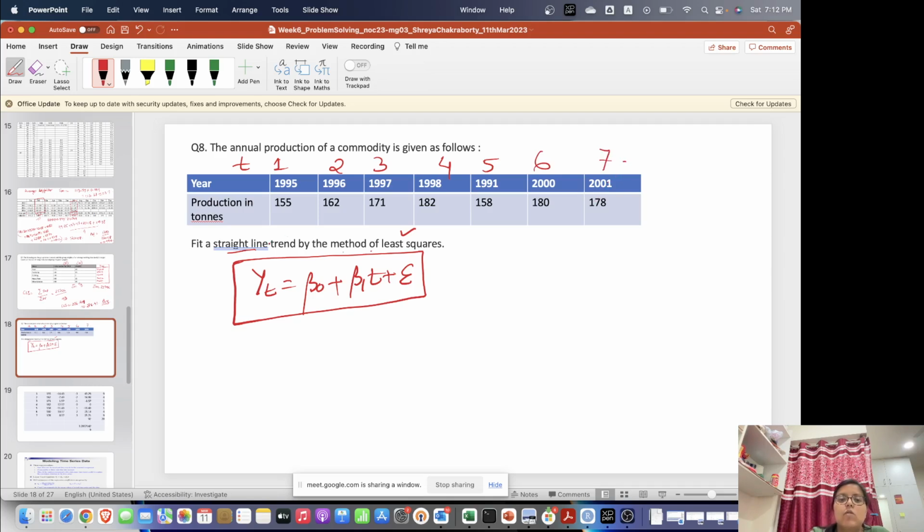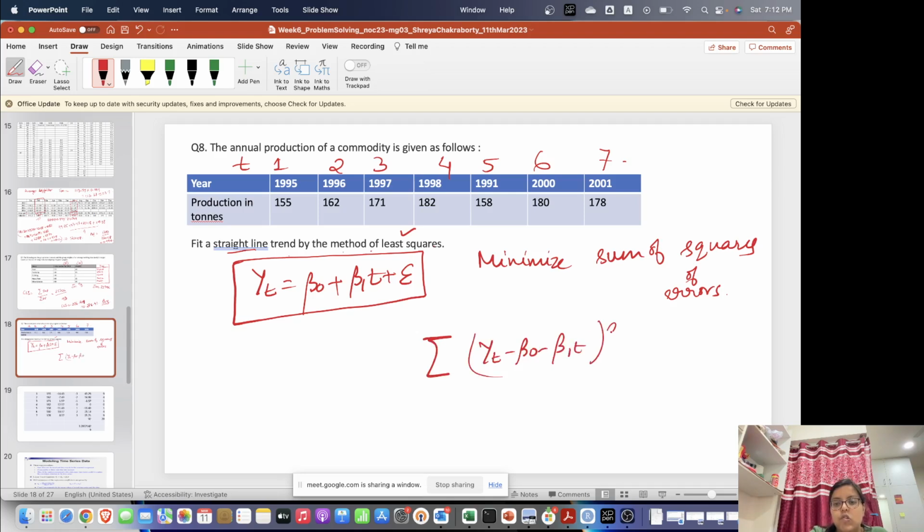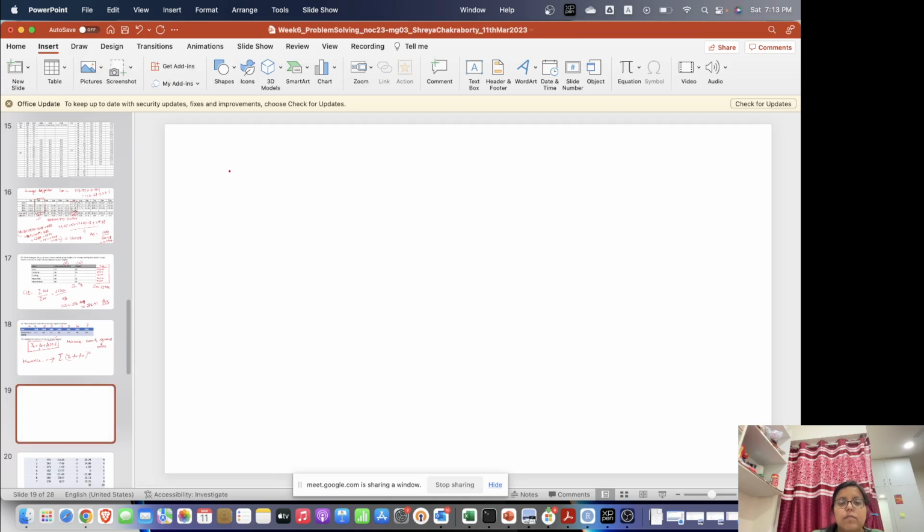Okay. So if we have to fit a trend by the method of least squares, we have to minimize the sum of squares of errors. So we have to essentially minimize this quantity. Now how am I going to do this minimization?